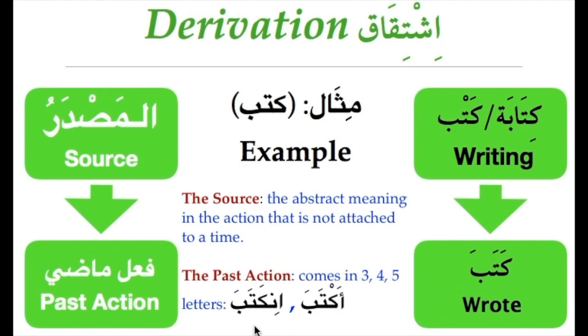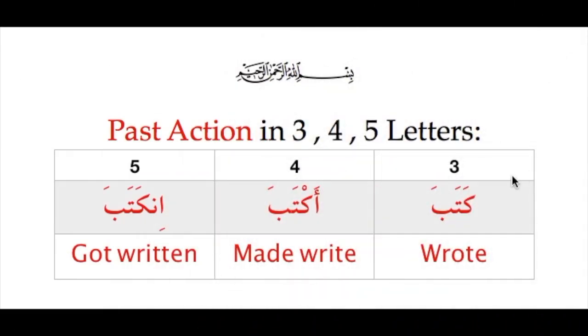There are other two, like as you saw in the previous example, past actions, fi'l madi, that come in 4 letters and 5 letters. أكتب, انكتب. And as I promised you, I will show you an example separately to show the difference between those 3. So this is the example that I promised. We have the same root, ka and ta and ba.